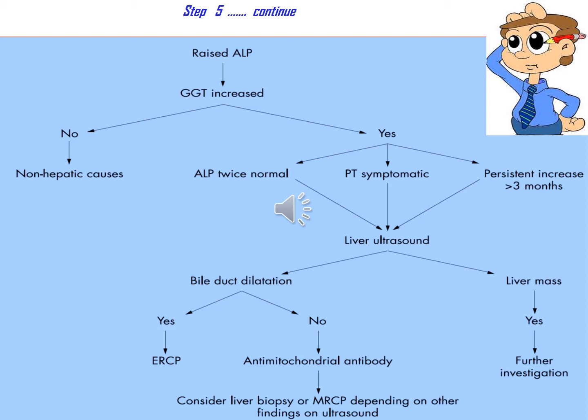Screen by serum antimitochondrial antibody and consider liver biopsy. If there is biliary dilatation, go for ERCP to relieve the biliary obstruction.